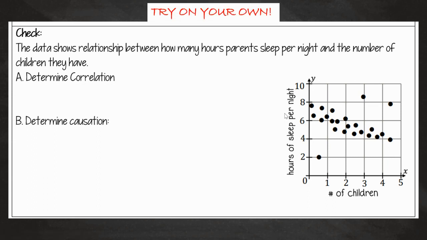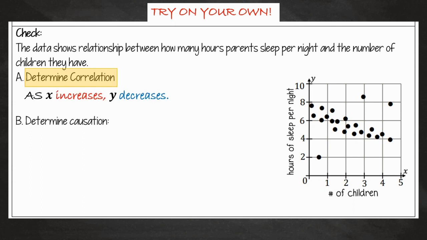I'll give you just a few minutes and then come back, or you can pause the video and check your answer. But these are pretty easy. The data shows a relationship between how many hours parents sleep per night and the number of children they have. So we need to determine the correlation. Here are my data points, and it looks like they're trending in a downward motion.